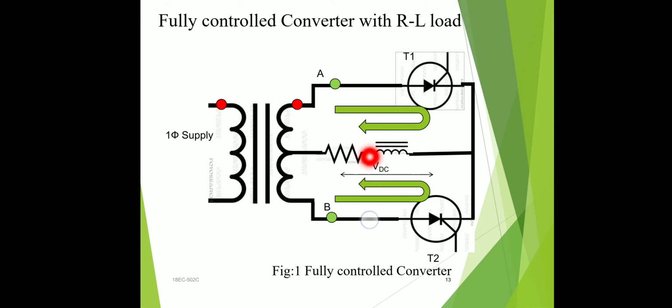But here for negative, when A is negative, generally this T1 should be off, but due to the energy stored in the inductor, this T1 is still in the on state. This thyristor T1 stays on until T2 is triggered and comes into the conducting mode.